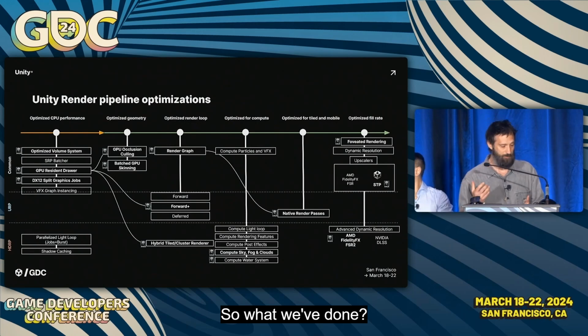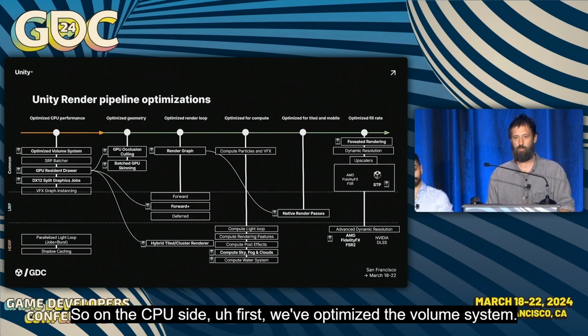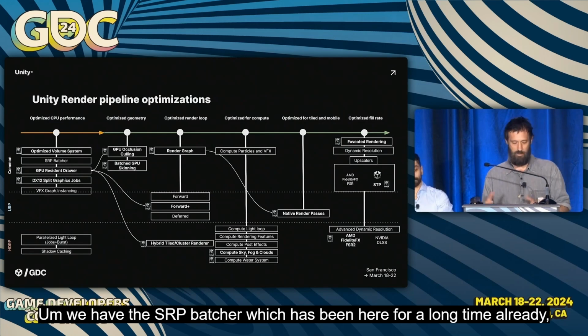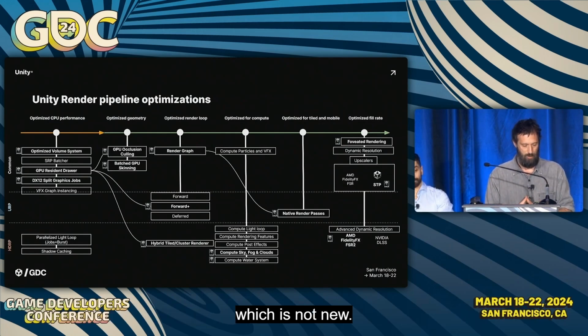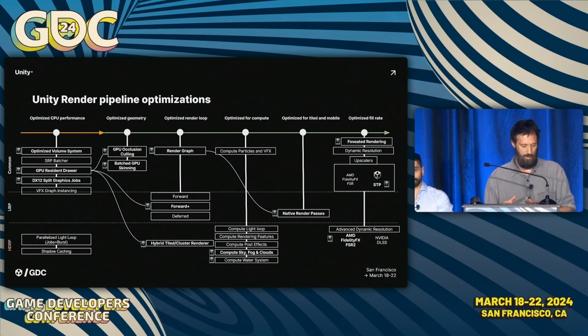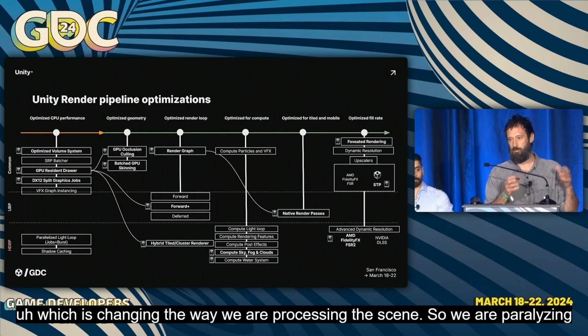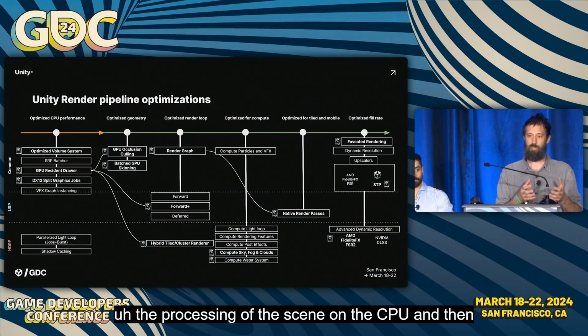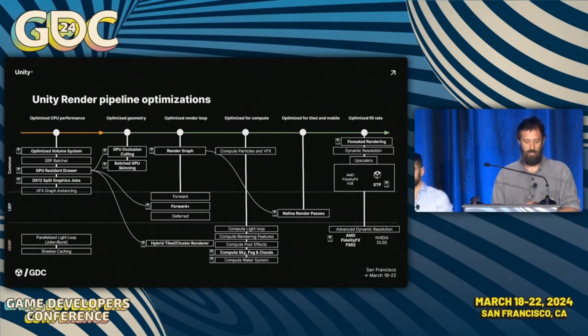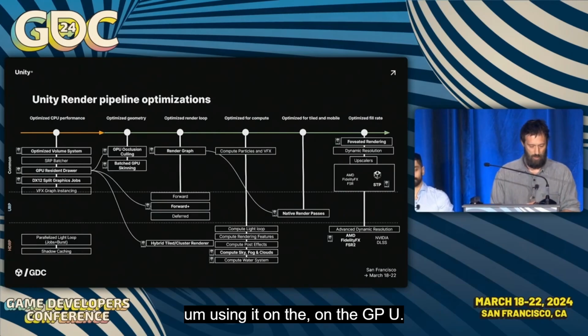So on the CPU side, first we've optimized the volume system. We have the SRP Batcher, which has been here for a long time already, which is not new. We have the GPU Resident Drawer, so we will talk more about this as well, which is changing the way we are processing the scene. We are parallelizing the processing of the scene on the CPU, and then putting this into a large buffer, and then using it on the GPU.